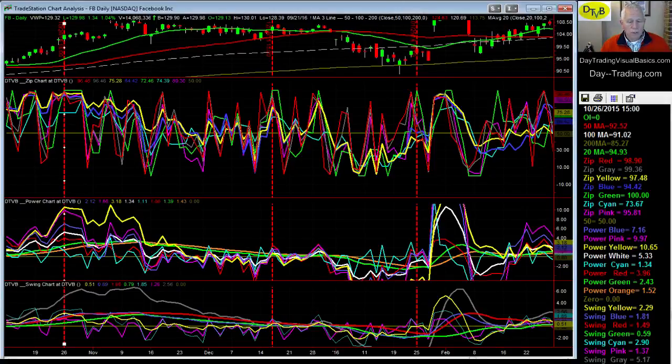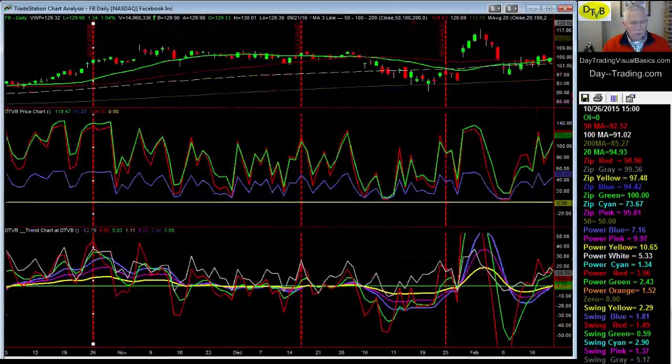Actually, your orange and green are under zero over here, which is much better, near zero here. But this one on the left, it has power yellow way up there. Power pink is also real high, and pink and blue are separated significantly, which is typical of more price activity.